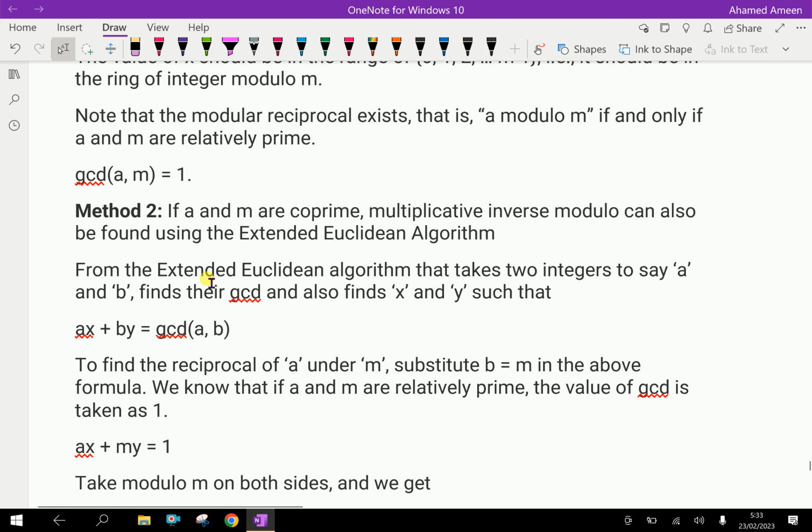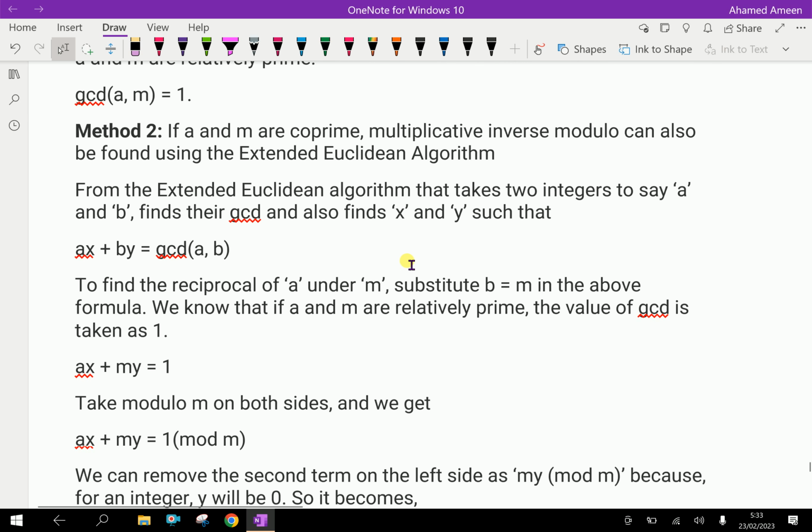Method 2 tells us that if a and m are co-prime, the multiplicative inverse modulo m can also be found using the extended Euclidean algorithm. The extended Euclidean algorithm takes two integers a and b, finds their GCD, and also finds x and y such that ax plus by equals GCD of a, b.